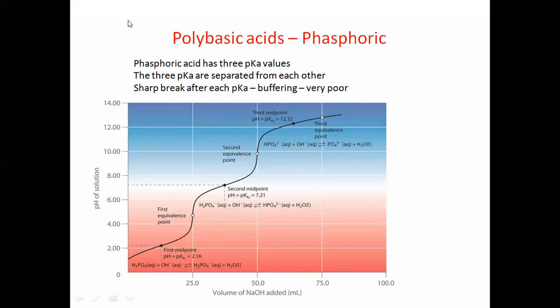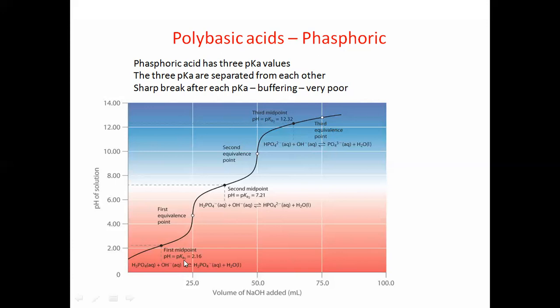The basicity of an acid is the number of replaceable hydrogen ions present in the acid. The acidity of a base is the number of replaceable OH groups present in the base. So phosphoric acid has three pKa values. At three different pH levels, three replaceable hydrogen atoms are removed one after the other.